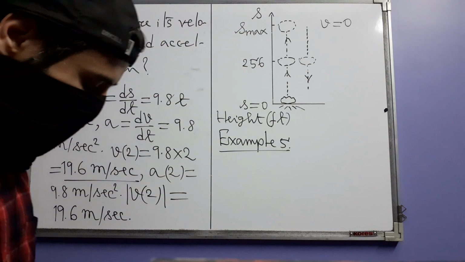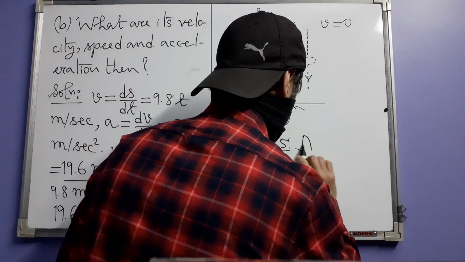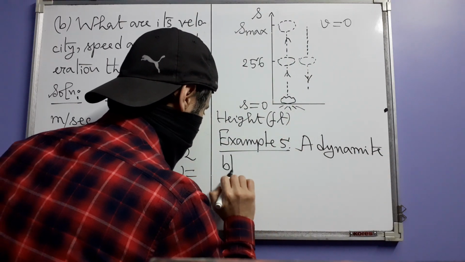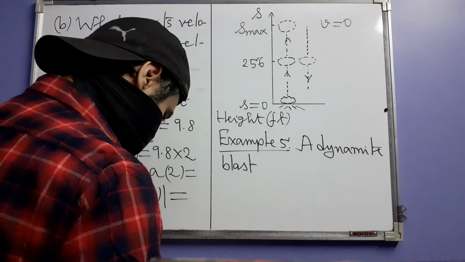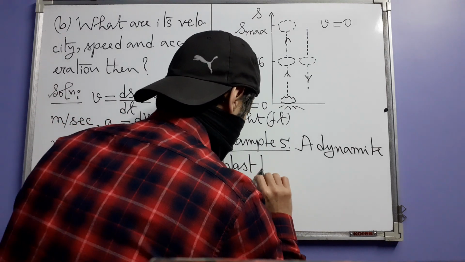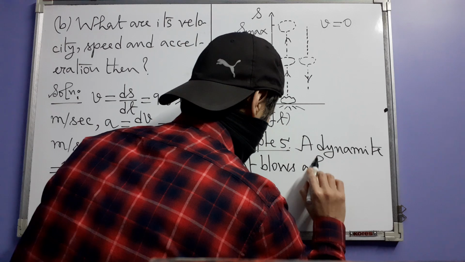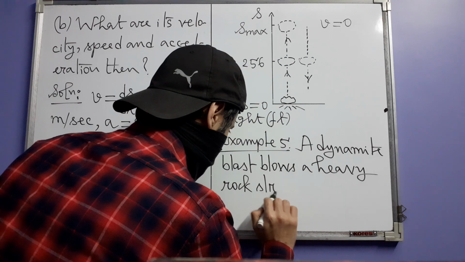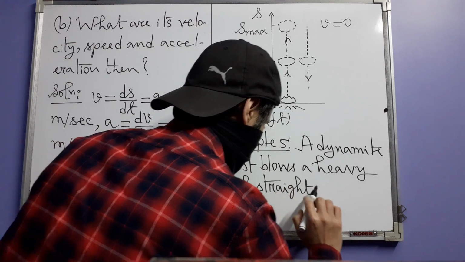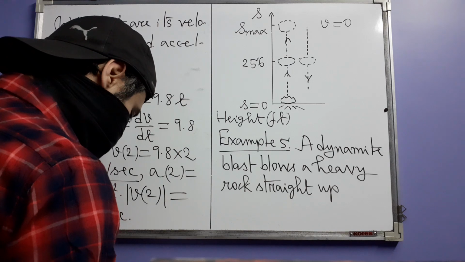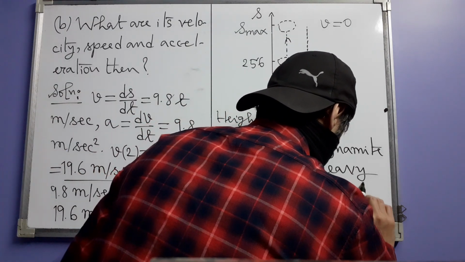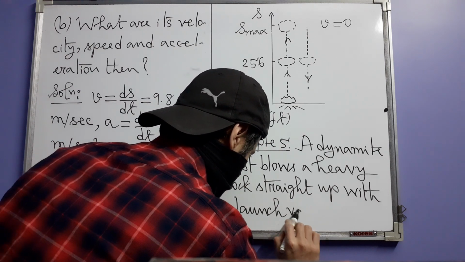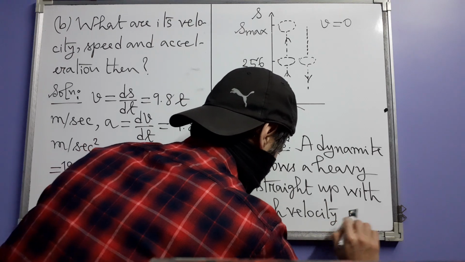Okay, now example 5. A dynamite blast blows a heavy rock straight up with a launch velocity.